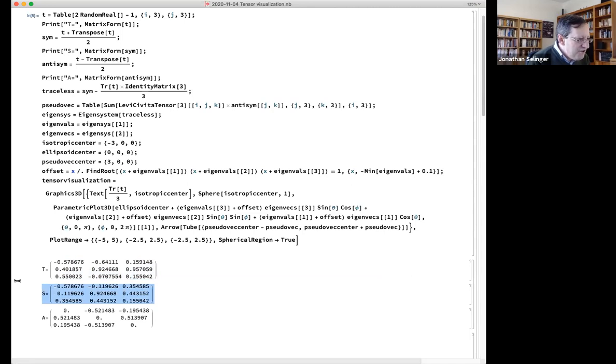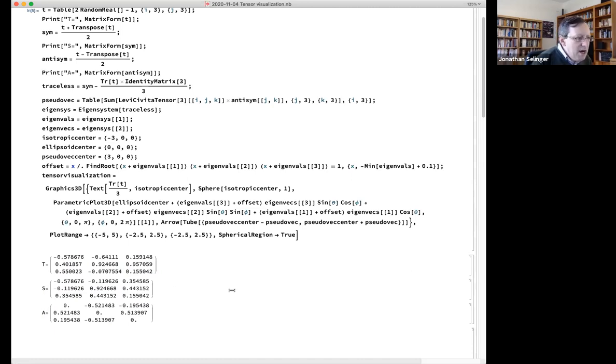So this is the symmetric one. This is the anti-symmetric one. Hopefully you can see that the S and A add up to the original tensor T, and that A is anti-symmetric and S is symmetric.